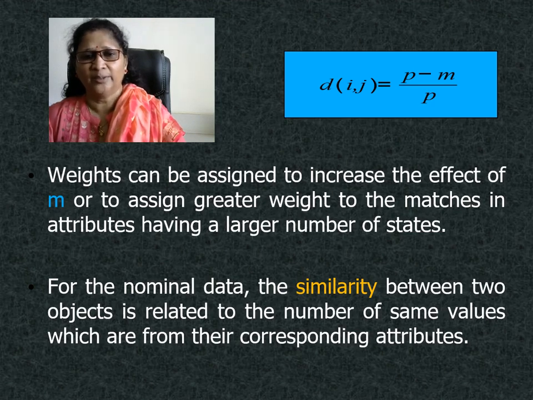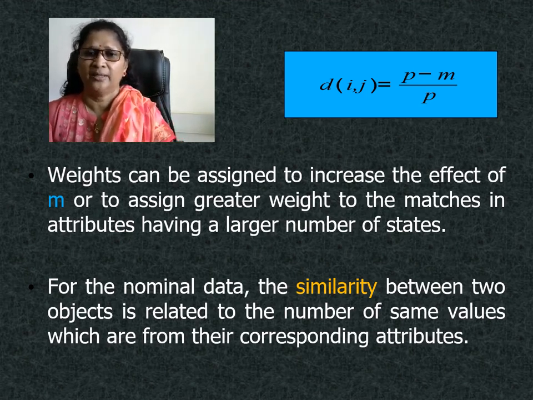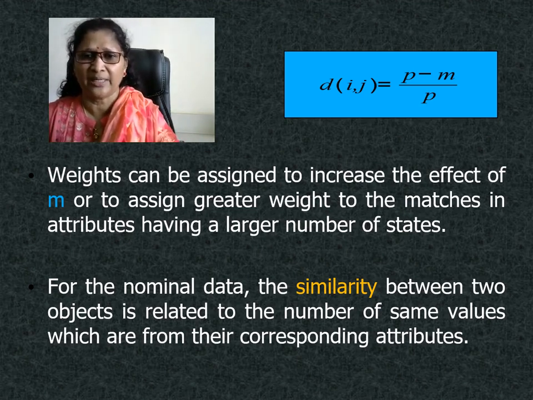So, to find the proximity between two objects which are defined with attributes, and if these attributes are nominal, then we use this formula where we take the ratio of p minus m and p, where p is the total number of nominal attributes and m is the matches between these two objects.